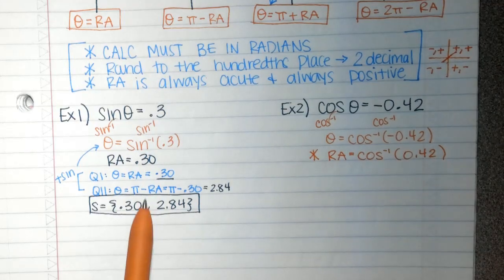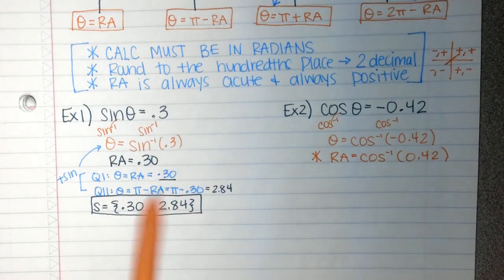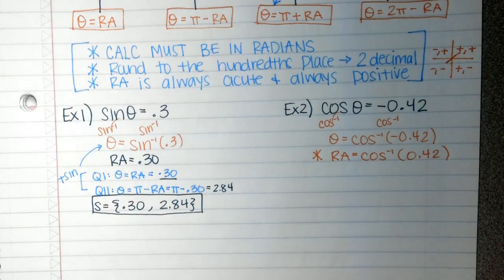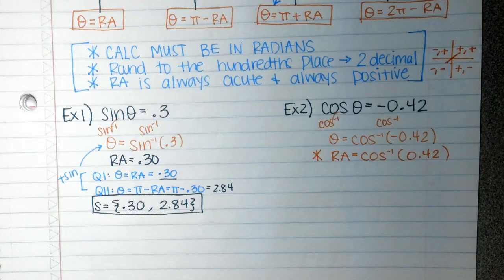By the way, somebody in first period asked a really good question and y'all haven't. How come I am having to do all of these equations right here instead of just doing what my calculator gives me? Your calculator is only going to give you one value. For instance, if you ask what the inverse sine of 1/2 is, it gives you the decimal, but it's only going to give you pi over 6.